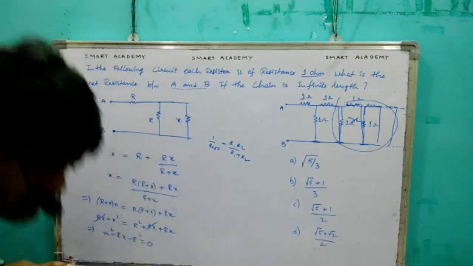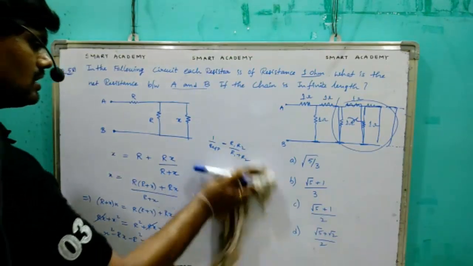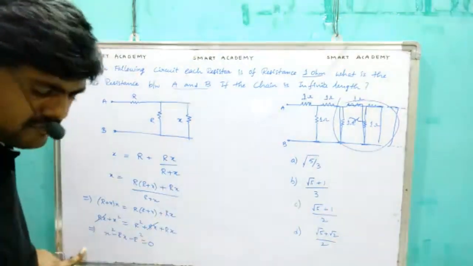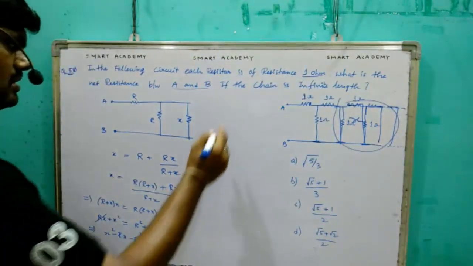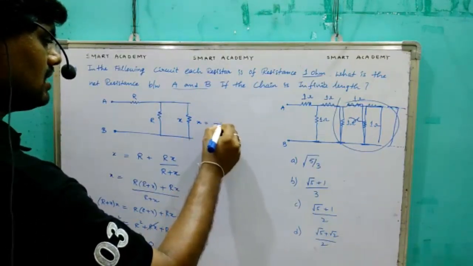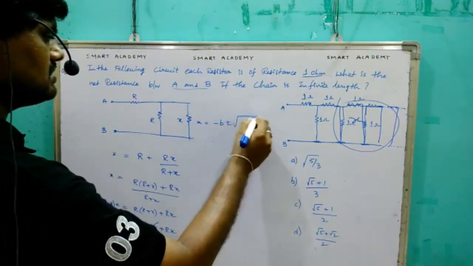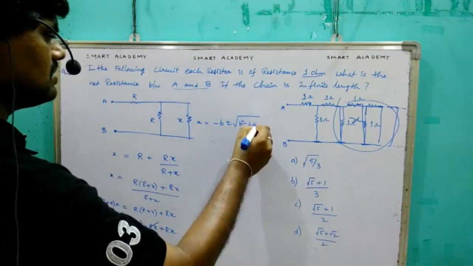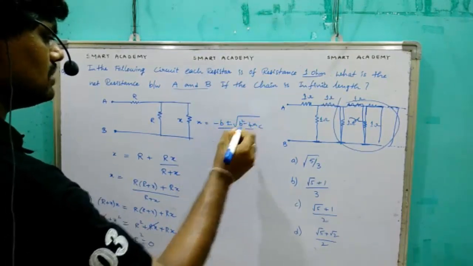Now we calculate the roots. We have the formula x equals minus b plus or minus under root b square minus 4ac by 2a.